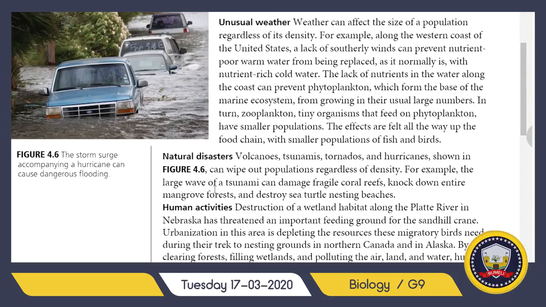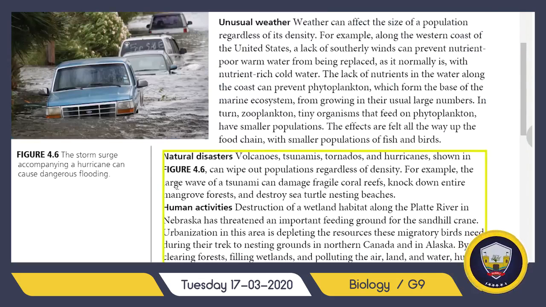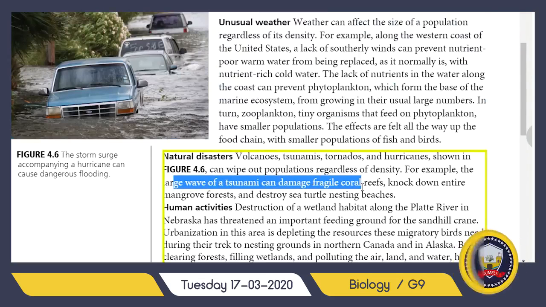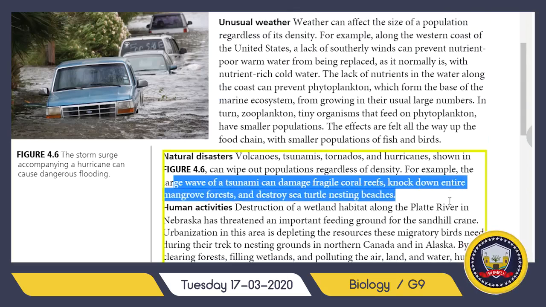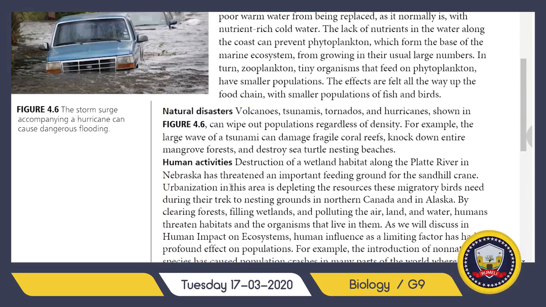Another example, a large tsunami wave, okay, can damage fragile coral reefs, knocking down entire mangrove forests and destroy sea turtle nesting beaches. So this can lead to extinction of this species.